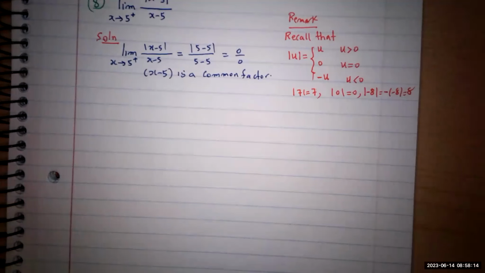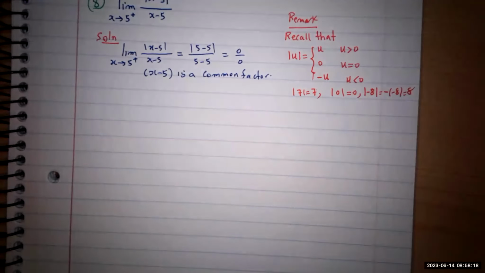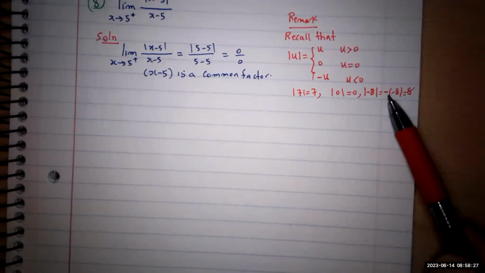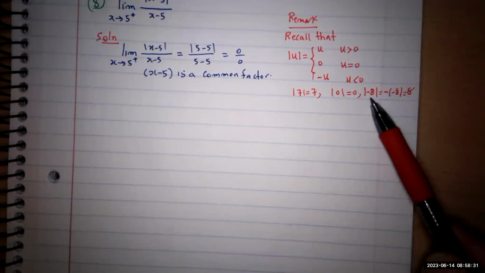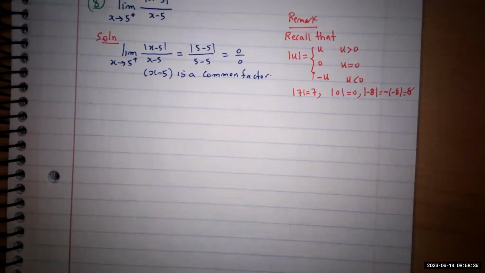So if you are sure that the inside is positive, you drop the absolute value. If you know that the inside is a negative number, you use the opposite of the inside.